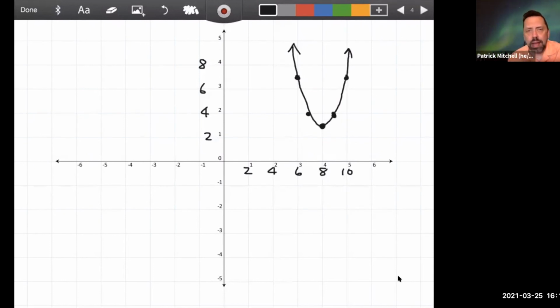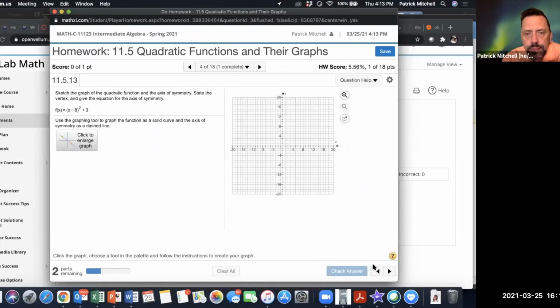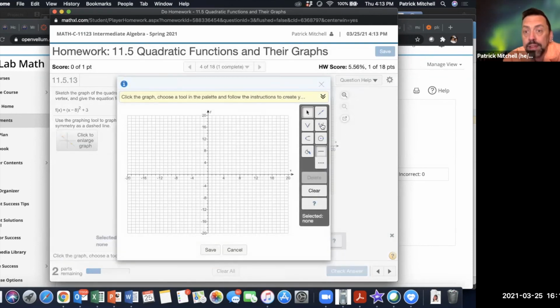All right, so now I think we're ready to switch back to my lab. Fill in these answers. All right, so use the graphing tool. So remember what I did? I popped this out. I hit the parabola tool, the vertical parabola tool. We're not going to use this one until we get to chapter 13.